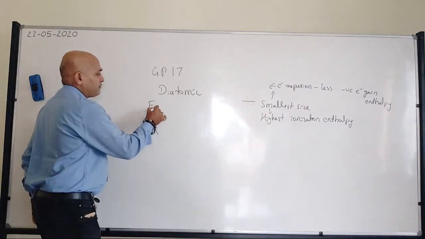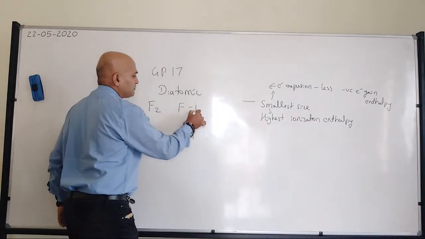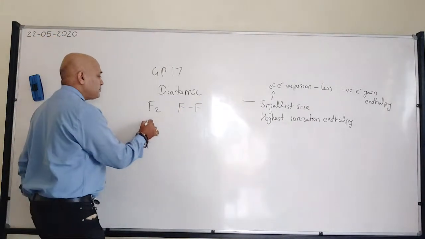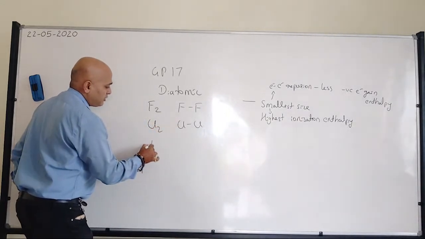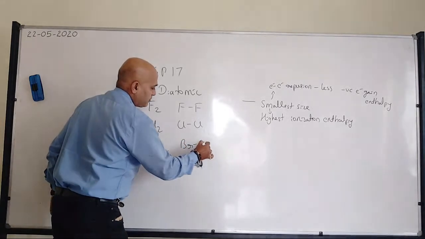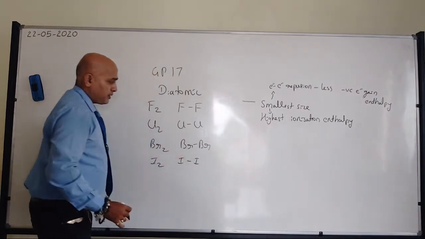Now we have fluorine. Naturally, fluorine should have a single bond. Same logic for chlorine, a single bond. If I take bromine, it will be a single bond. When it comes to iodine, it will be a single bond.